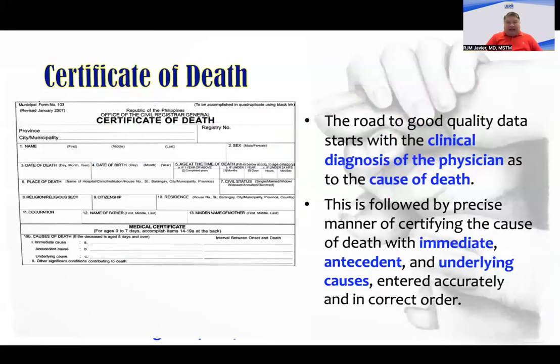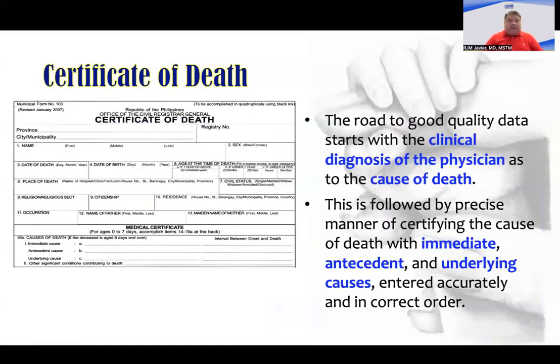Okay, so this is where the challenge will come in. So if you see a certificate of death, of course you will need to fill in the information. Where did the death occur, the name of the patient, the date of death, place of death, if you know the religion of the patient, the citizenship, his age, civil status, occupation.